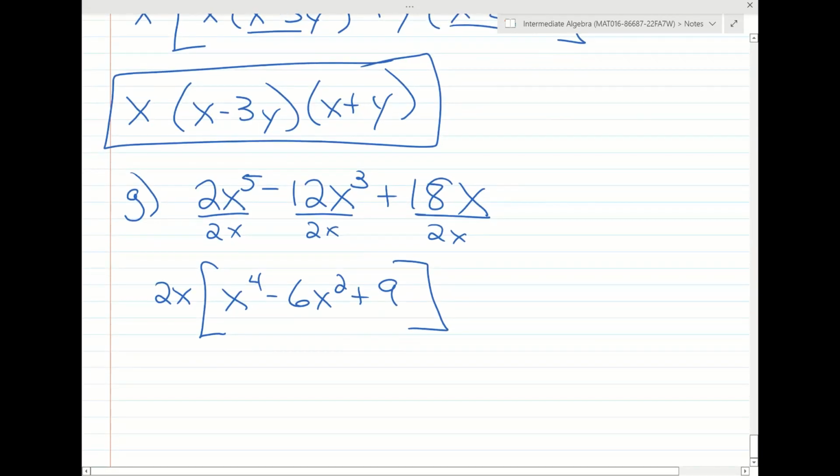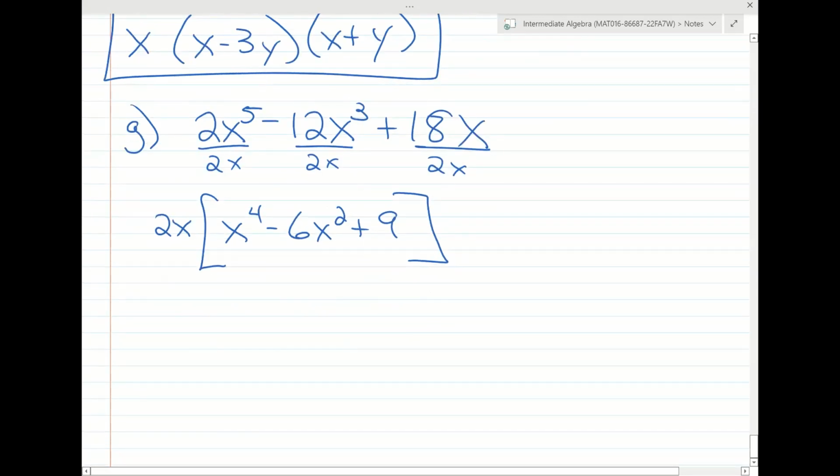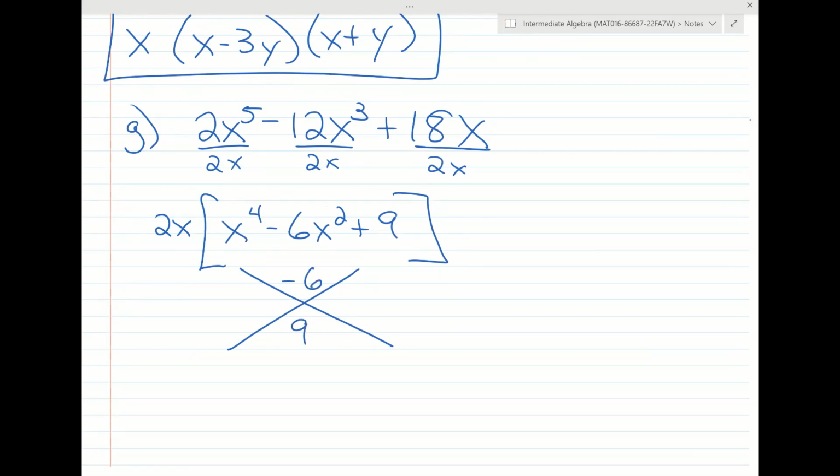Again, don't get concerned because we have x to the fourth, x to the second. It doesn't matter. The process is exactly the same. Now what we do is we do 1 times 9, but they have to add up to be -6. So I think -3 and -3 would get the job done.